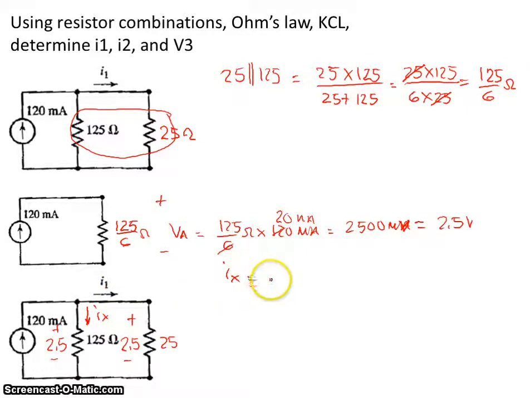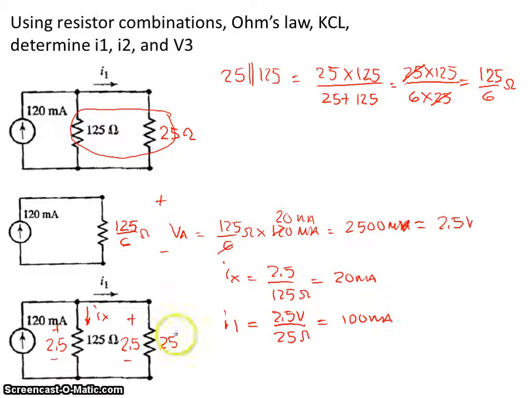I sub x is going to be equal to 2.5 divided by 125 ohms, and this is going to be equal to 20 milliamps. And now I sub 1 is going to be 2.5 volts divided by 25 ohms, and this is 100 milliamps. So we have one of the values that we were looking for.